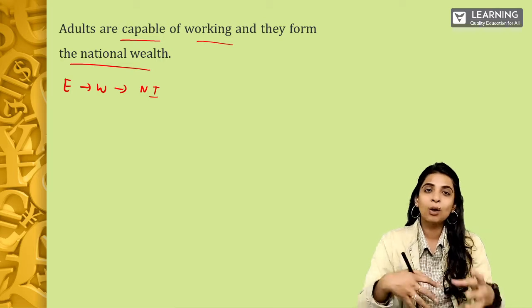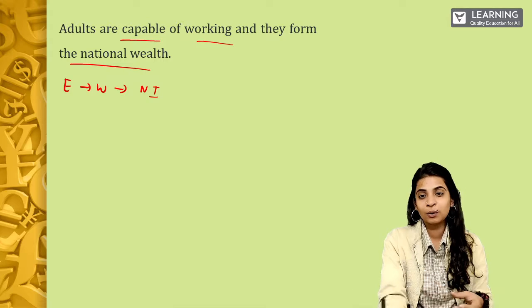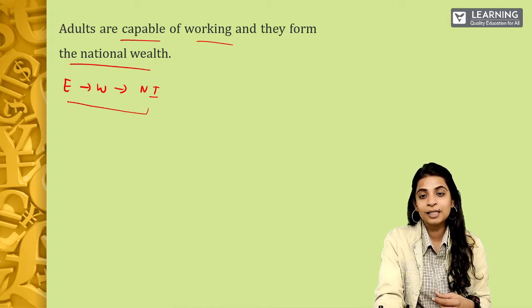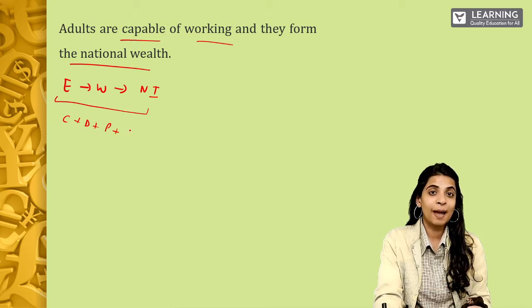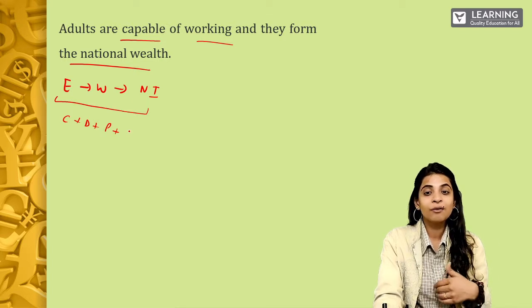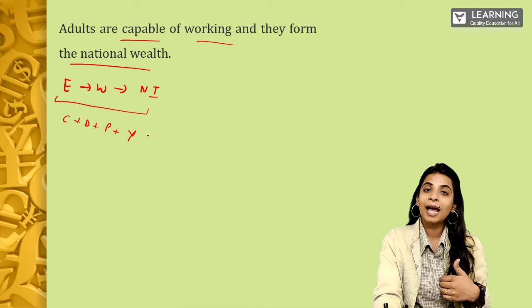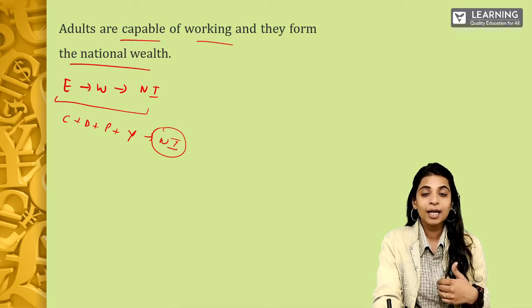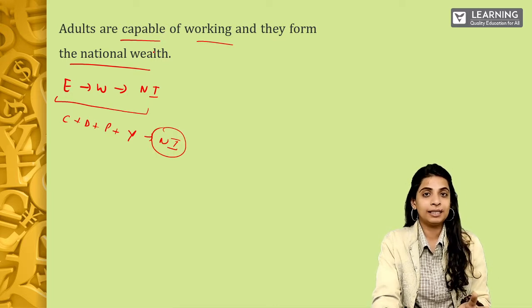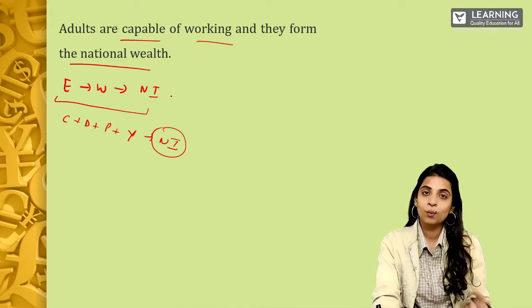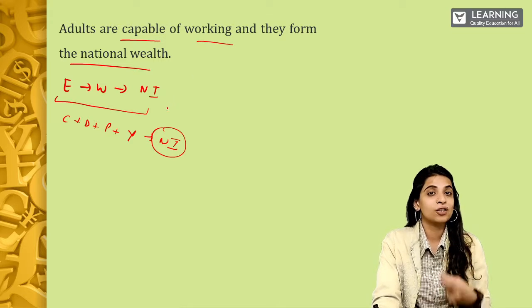There are a lot of other processes which come between this process, like consumption is happening, demand is happening, so production is happening. When production is happening, it is coming into the market, we are paying in terms of money, and then finally national income is what we are arriving at, right? So this is what it says: adults are capable of working and they form the national wealth.